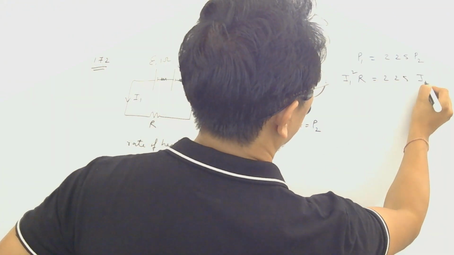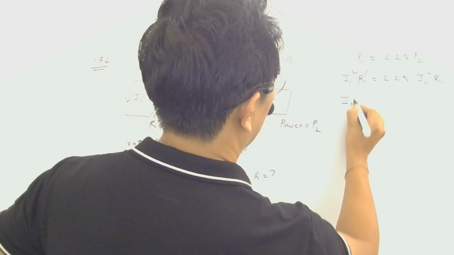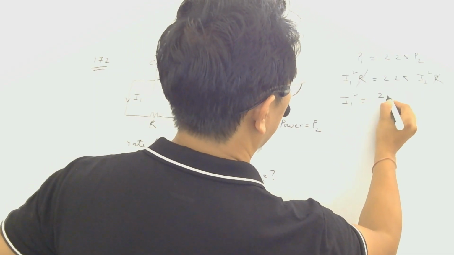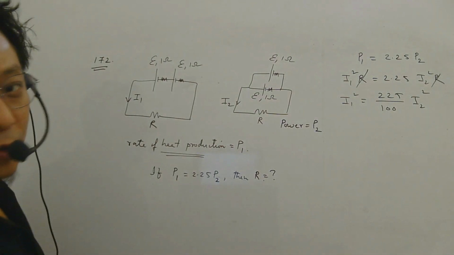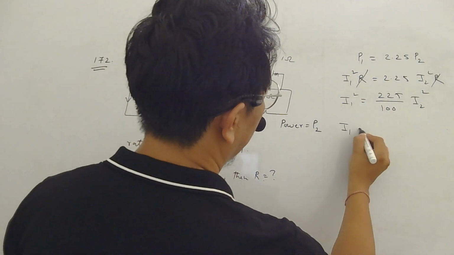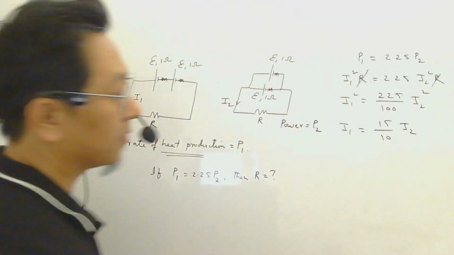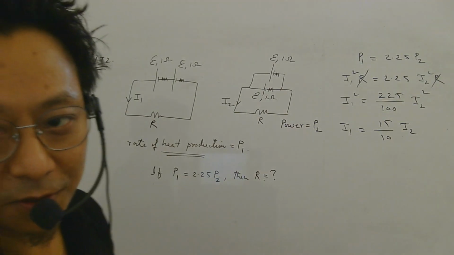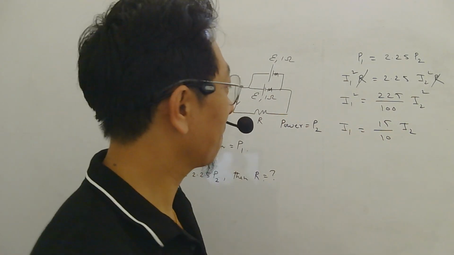And this will be I square into R. R will cancel. So I1 square will be this 2.25, I can write 225 by 100. Now if I take square root both sides, I get I1 by I2 is 15 by 10. Square root of 225 is 15. Square root of 100 is 10.